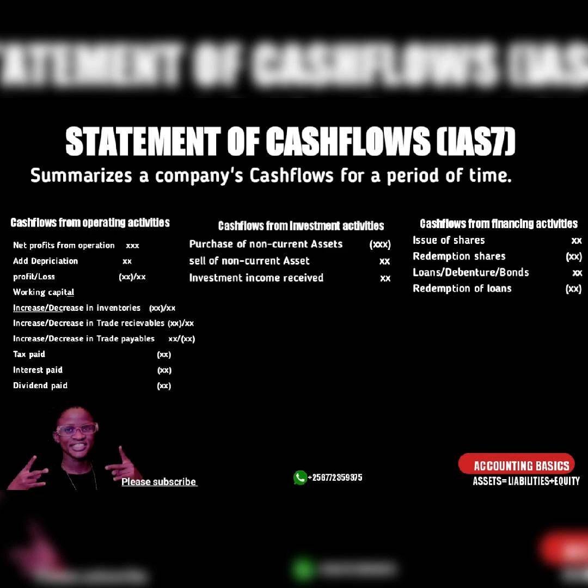So when you look at trade receivables, we are still on the working capital. Trade receivables, when they are increasing, we less. Quote me well. Trade receivables, when they are increasing, we less. Why are we lessing?